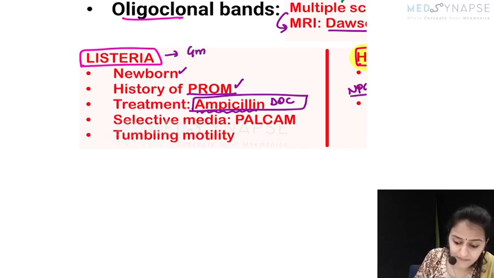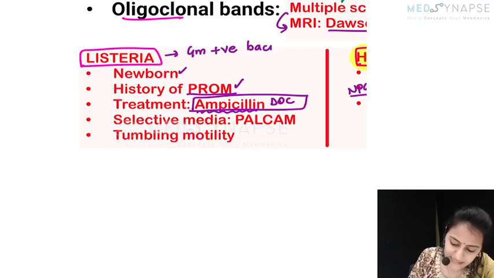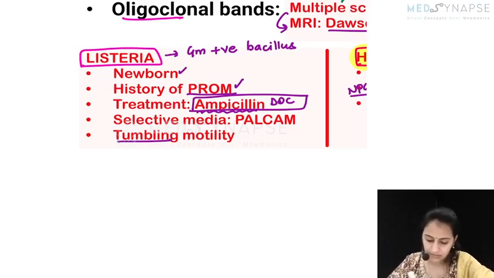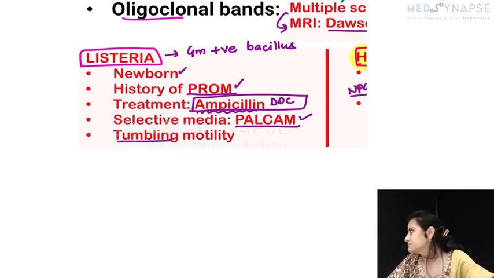It is gram positive, a gram positive bacillus. It shows what motility? Tumbling motility. The selective media for Listeria, which we'll see in microbiology, is tellurite media.